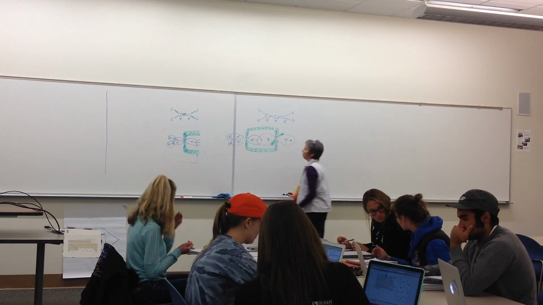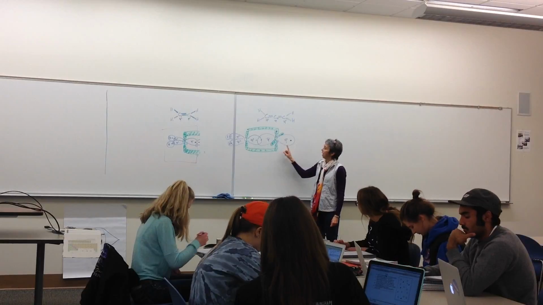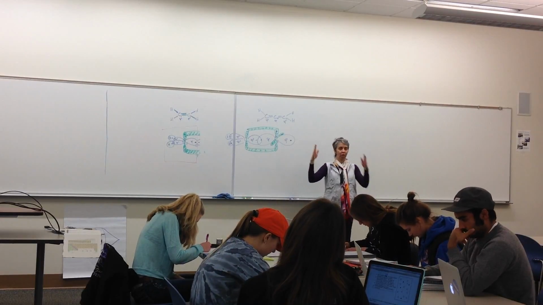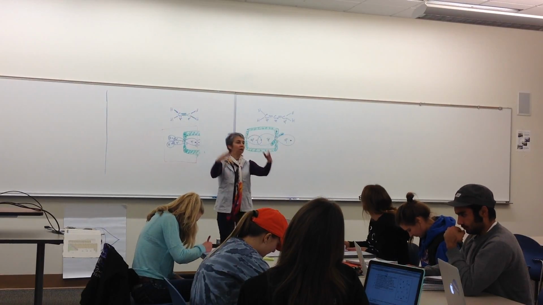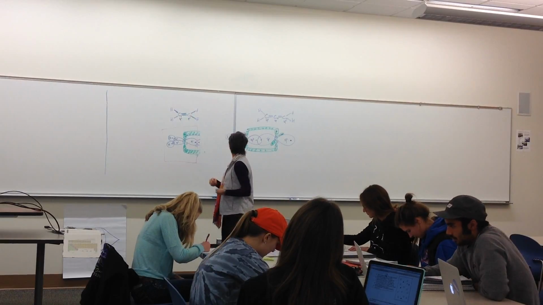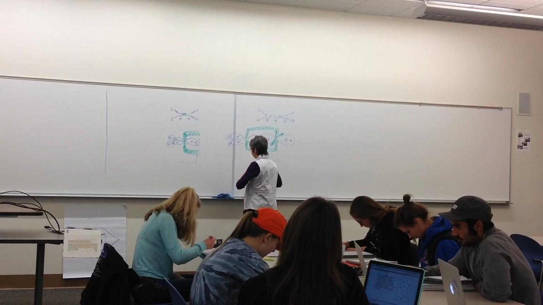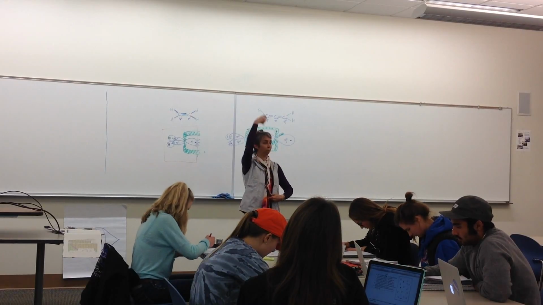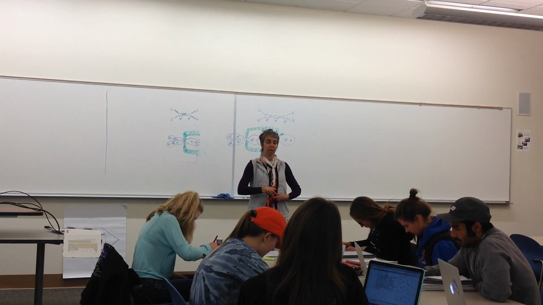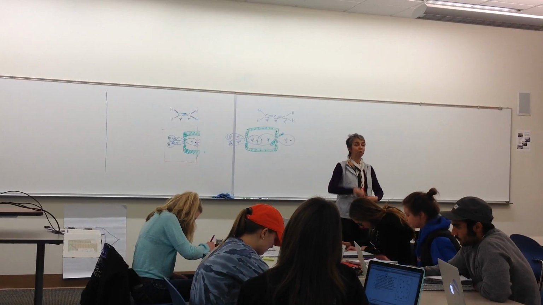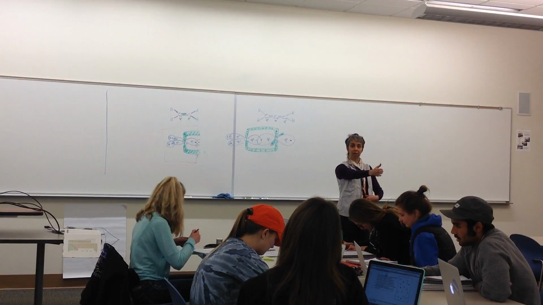But let's think about this for a minute. If I draw this, so let me back up. I am carbon 1. My p orbital is up and down. I'm carbon 2, I have 2 p orbitals, one that's up and down and one that's coming out of me.